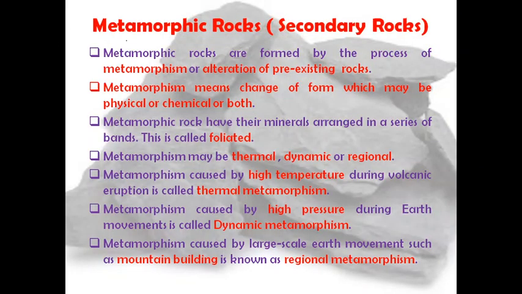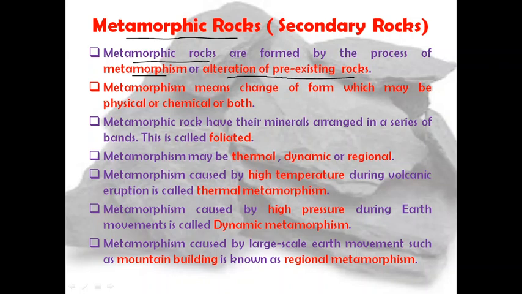Next one is metamorphic rock. Now, metamorphic rocks are formed due to a change in chemical as well as physical composition of igneous as well as sedimentary rock. As you can see over here, metamorphic rocks are formed by the process of metamorphism, or alteration of pre-existing rock.